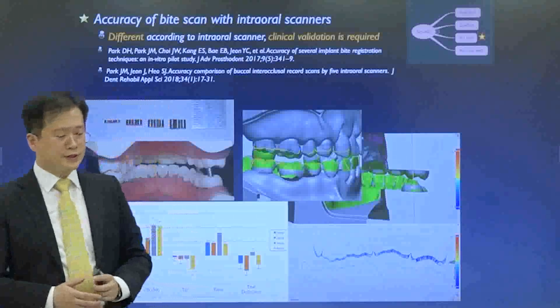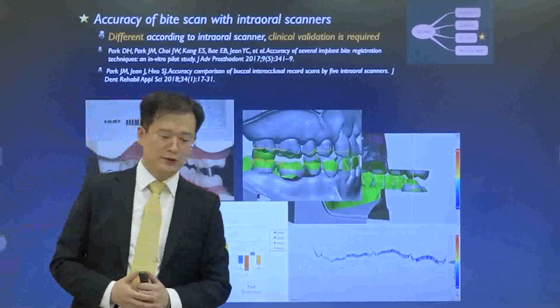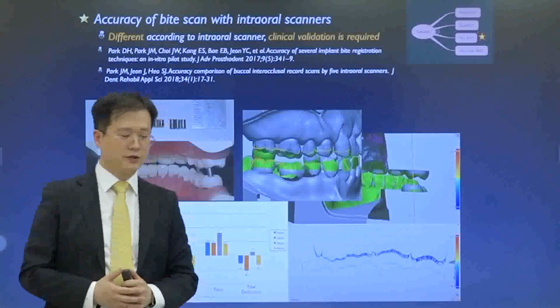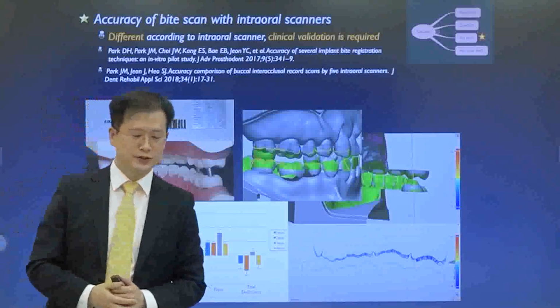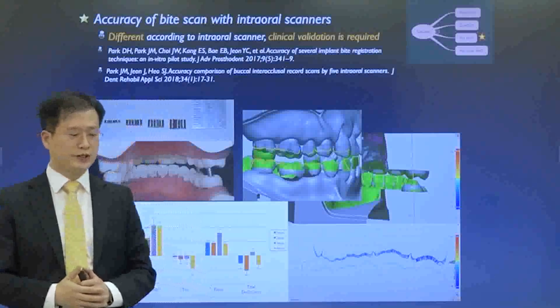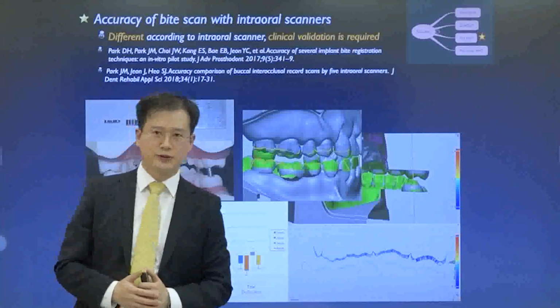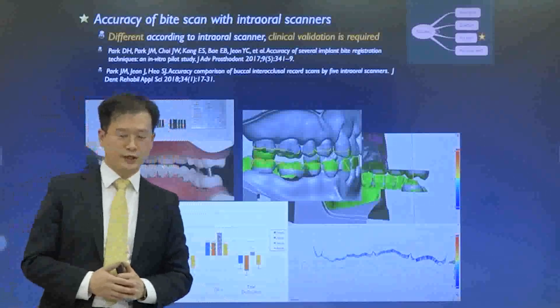If you are a clinician with a digital impression device, the most common question is whether, if you make a crown with an intraoral scanner, you do not have to adjust the occlusion. Depending on the intraoral scanner, a lateral bite scan is used to establish the upper and lower relationship, which may vary in accuracy.